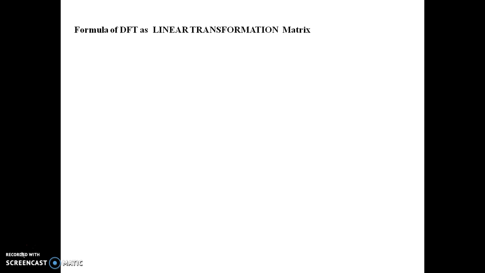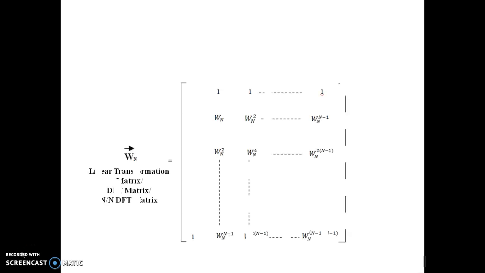The formula of DFT as a linear transformation matrix we can write as capital X equals WN into small xn. Using the matrix multiplication method we can find capital Xn.